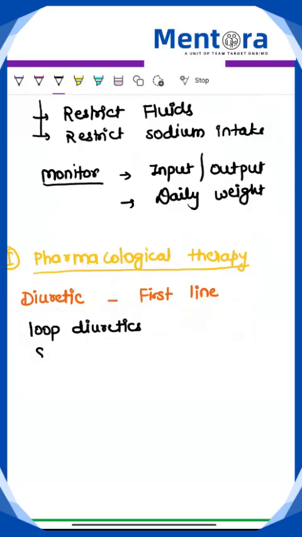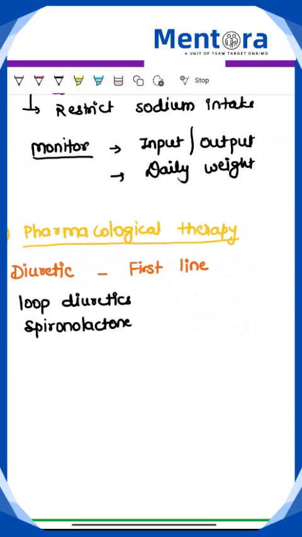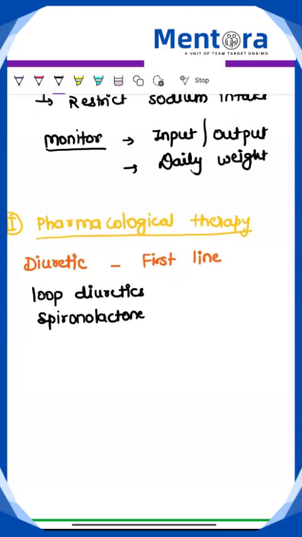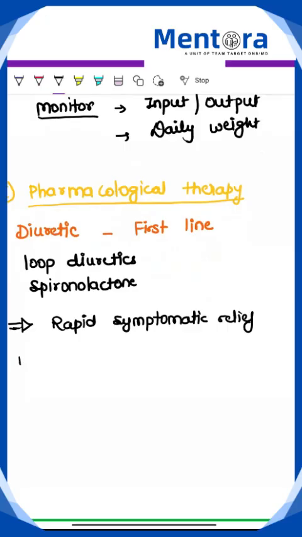We can also use spironolactone, a potassium sparing diuretic, depending upon the electrolytes. Diuretics cause rapid symptomatic relief by decreasing the preload.